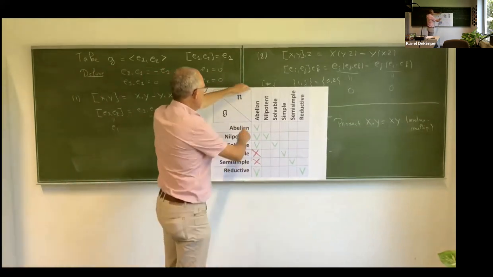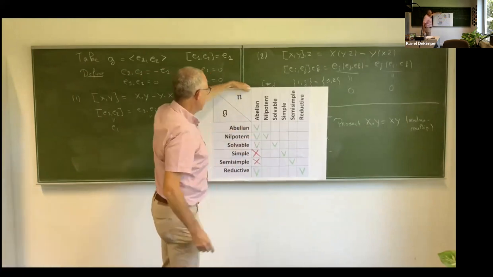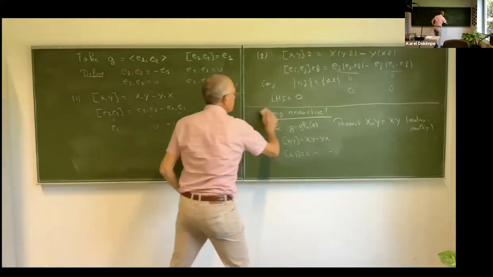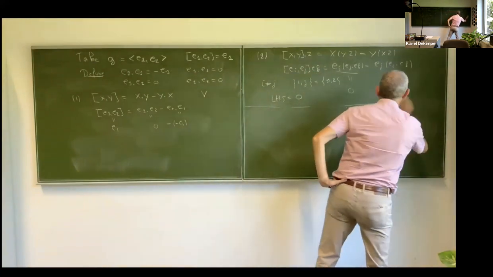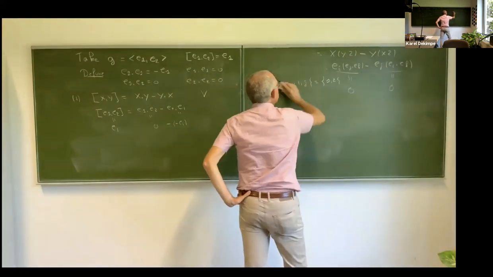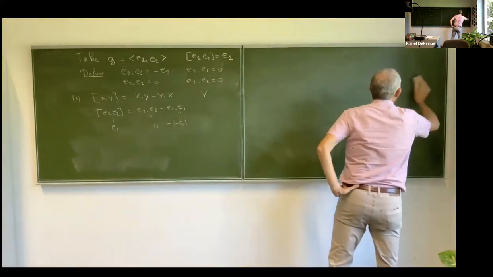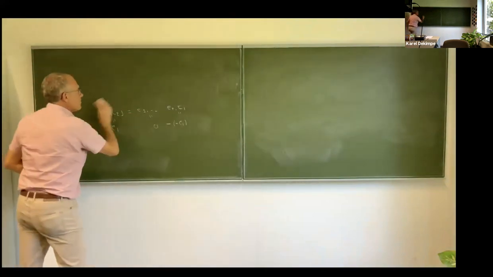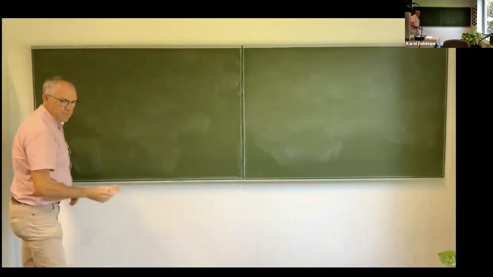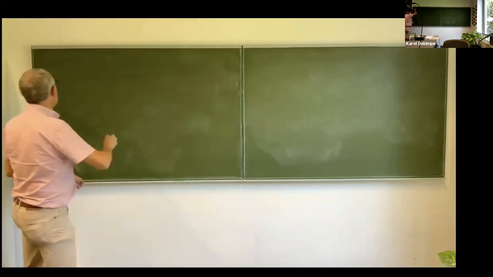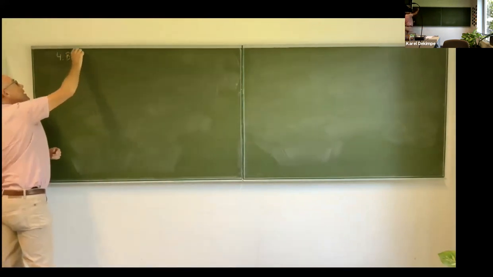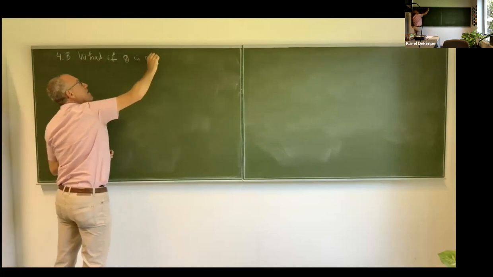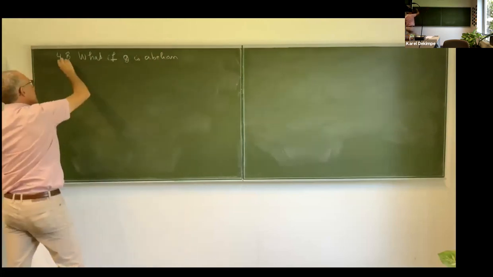So I will look at the situation now where G is abelian and look at all possibilities for N. So maybe I write for B, what if G is abelian?